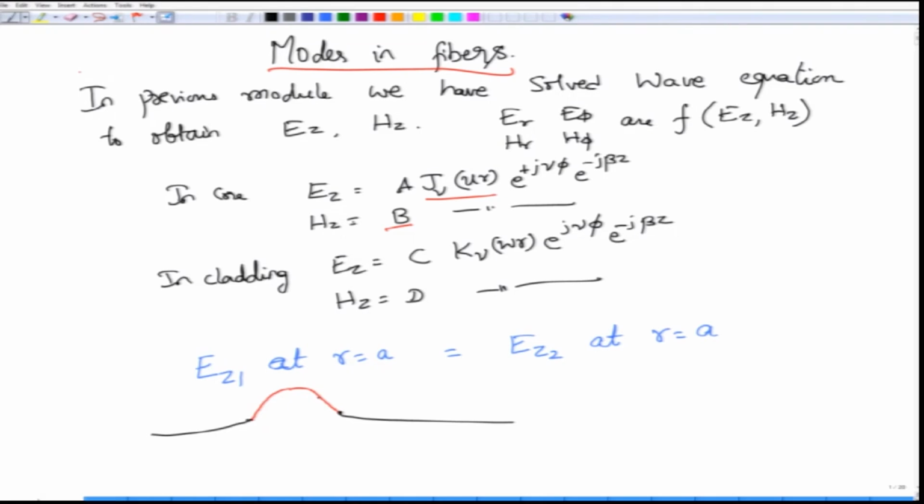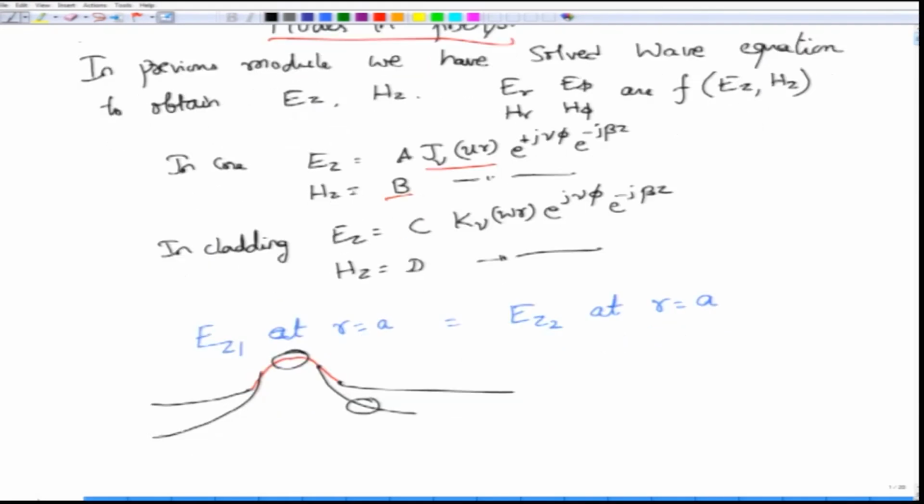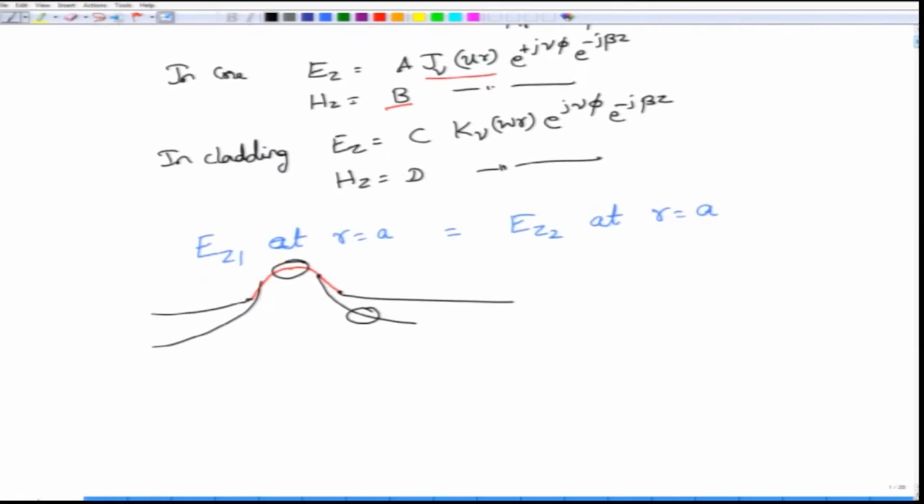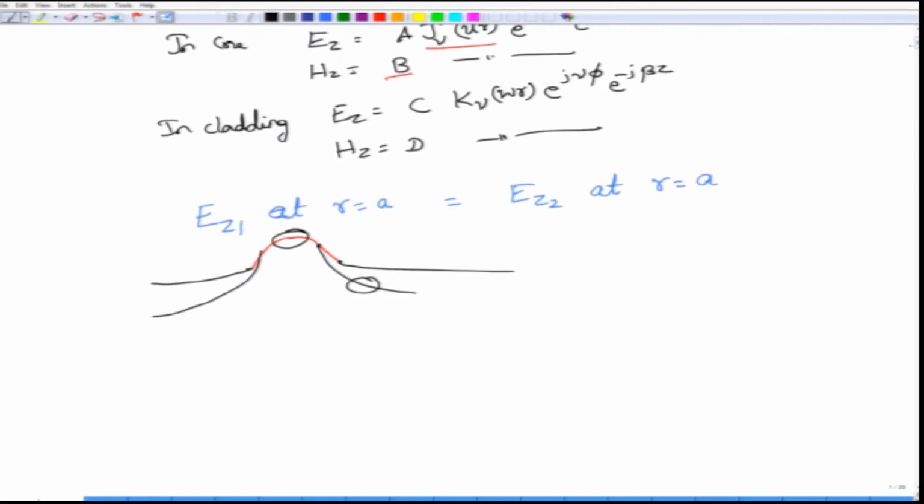Well, then the stitching has to start at this point, right, because the field would stop here for Ez1. So, Ez2 must begin at the same point and then go in this decaying fashion. So, this is what the boundary condition is basically doing, is just basically evaluating what is the amplitude of this one, what is the amplitude of here, and how to adjust these amplitudes such that I am able to satisfy the boundary condition as well as evaluate the arbitrary constants.